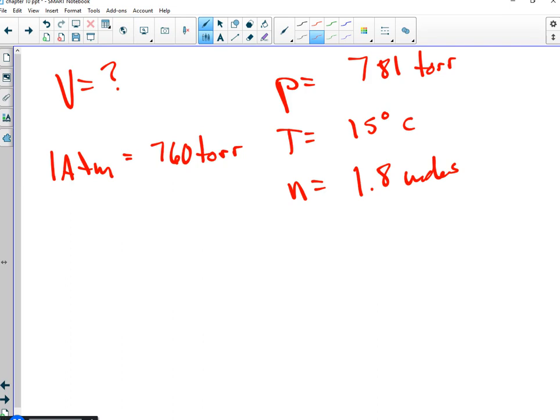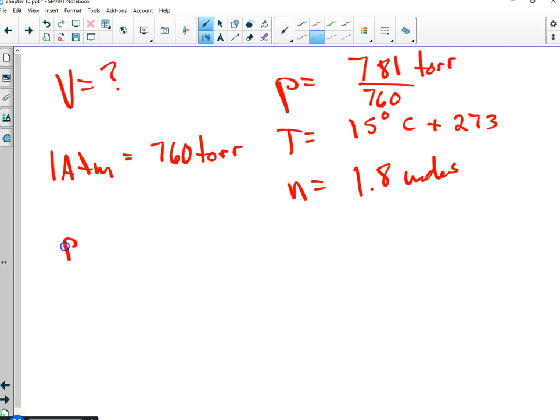So, if you're ever given torr, you simply need to divide it by 760, and that will always put it into atm. Sort of okay with that? So now, the first step you would do is take this, divide it by 760. What would you do to the temperature? Add 273.